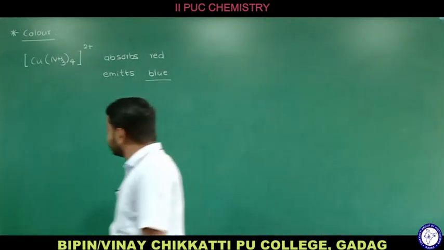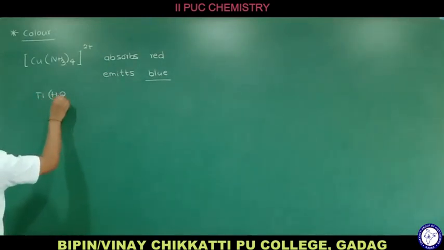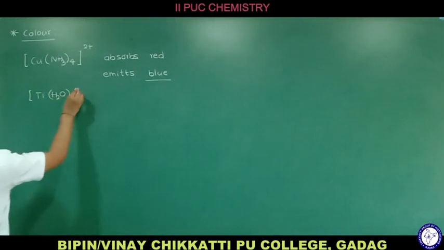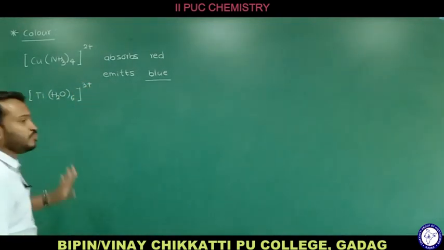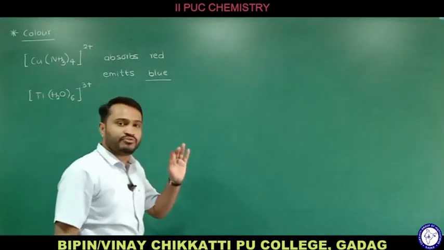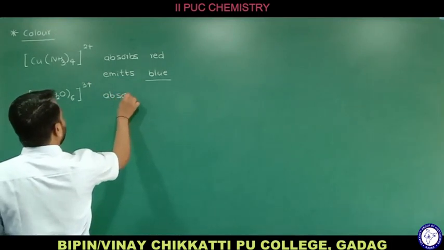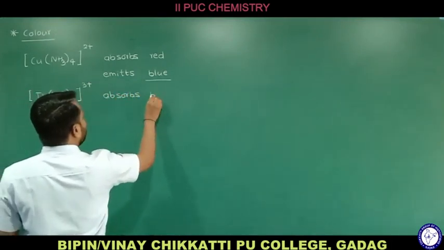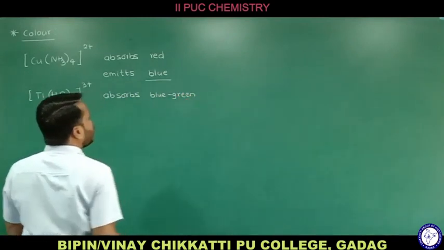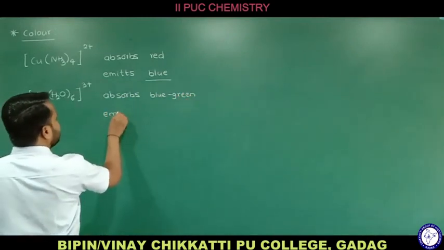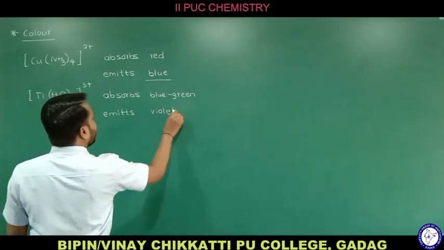One more example: [Ti(H2O)6]3+, with charge 3+. When white light is passed into an aqueous solution of this coordination complex, the complex absorbs blue-green color, and it emits a wavelength of violet color.